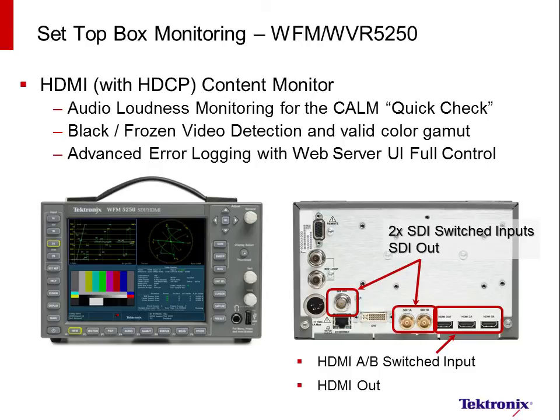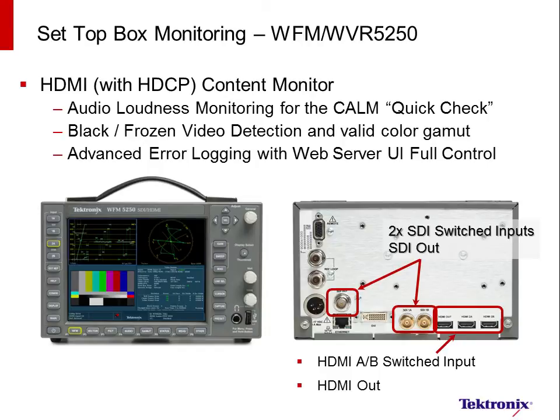It also has two SDI switched inputs so that you can do side-by-side comparisons of an SDI source to its HDMI converted source, and do side-by-side in-the-box comparisons of the SDI source against the HDMI source.